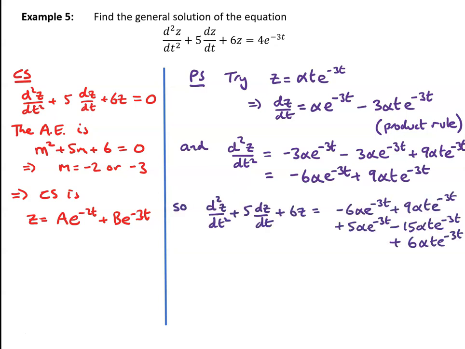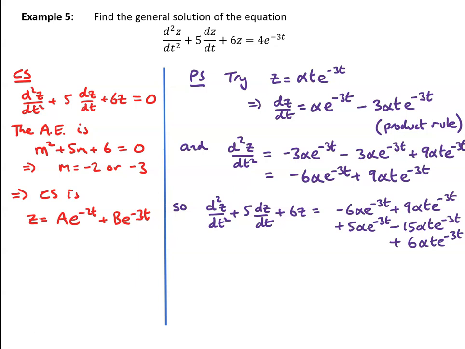So d2z dt squared plus 5 dz by dt plus 6z is going to be minus 6 alpha e to the minus 3t plus 9 alpha t e to the minus 3t. That's my d2z dt squared. Plus 5 dz by dt, which is 5 alpha e to the minus 3t minus 15 alpha t e to the minus 3t. Plus 6z, which is plus 6 alpha t e to the minus 3t.